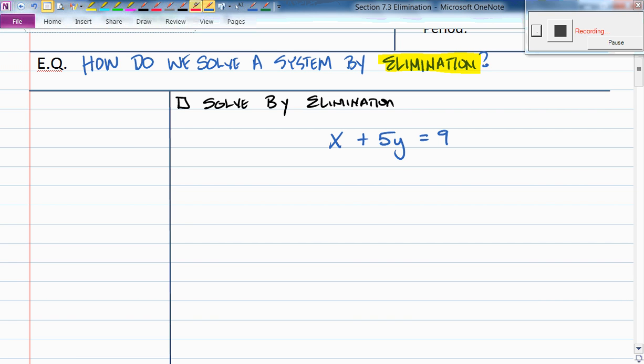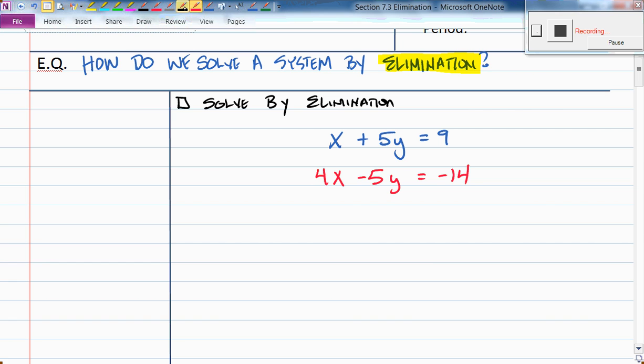Our second equation is going to be this: 4x minus 5y is going to equal negative 14. Okay, let's write these two down. Make sure the person sitting next to you has both of these written down before we begin. Everybody got them down? Okay, everybody's got it. Good.